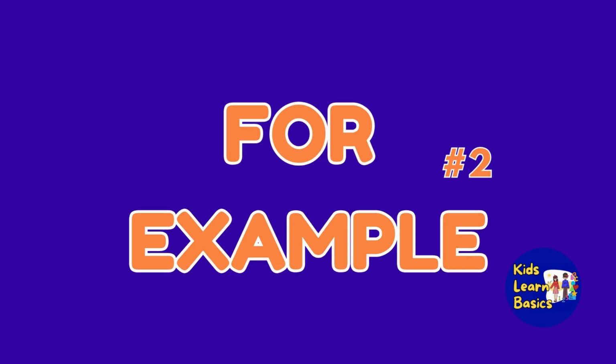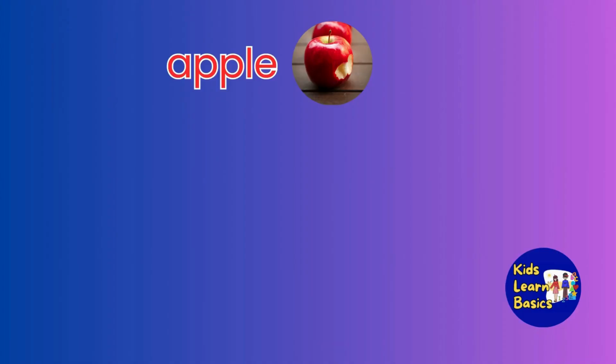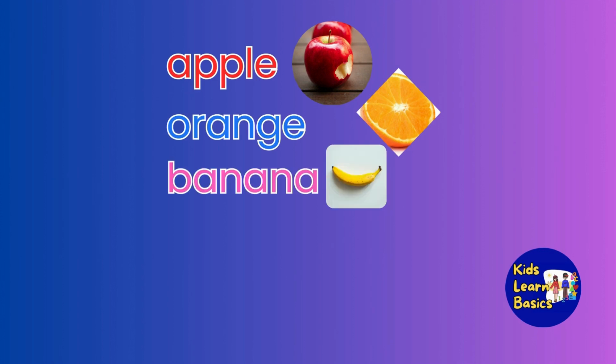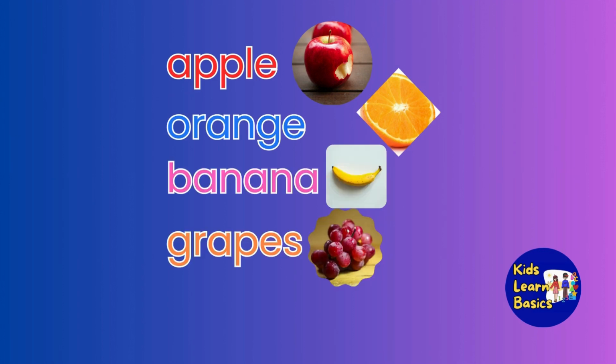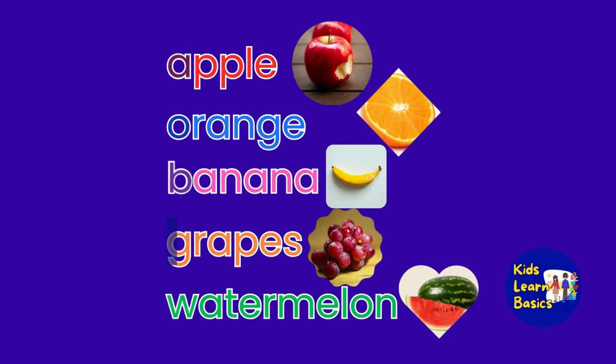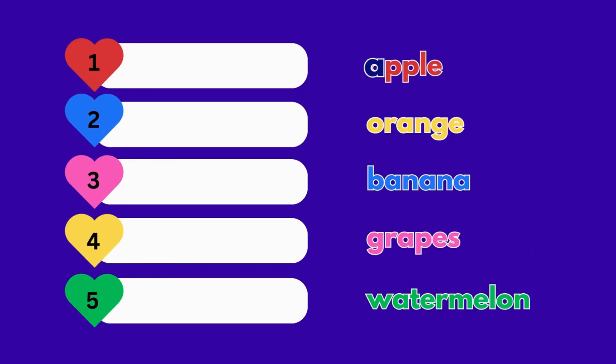This is the second example. Apple, orange, banana, grapes, watermelon. Look at the first letter of each word. For the word apple, we have A as the first letter.